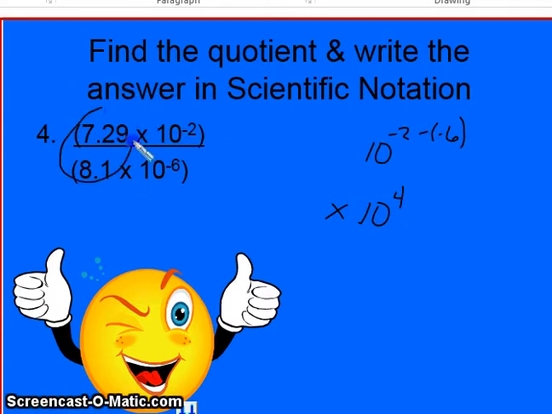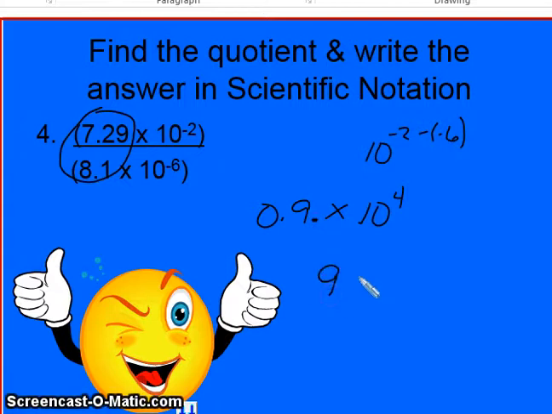Now we'll simply divide 7.29 by 8.1. And that gets us 0.9. Now, this looks like it's in scientific notation. However, A here is not, because it's not between 1 and 10. So in order to get this to be something between 1 and 10, I actually have to put my decimal point after the 9.